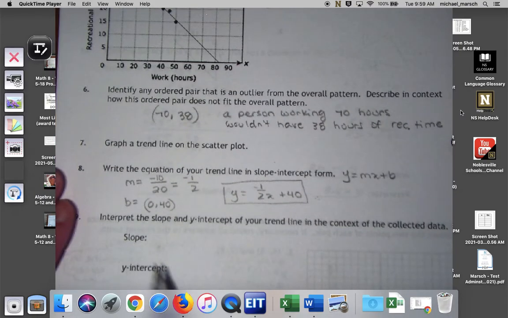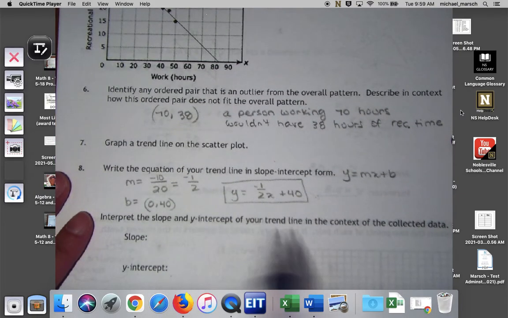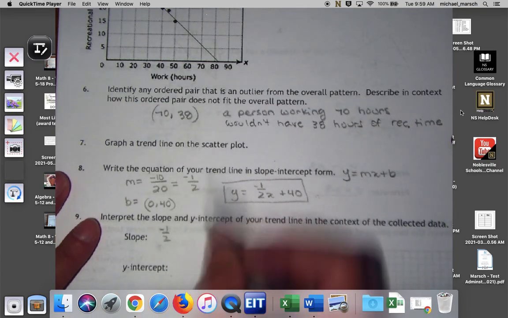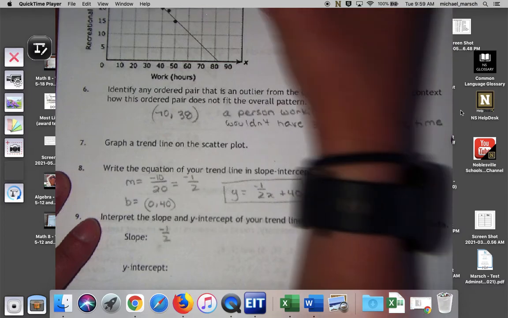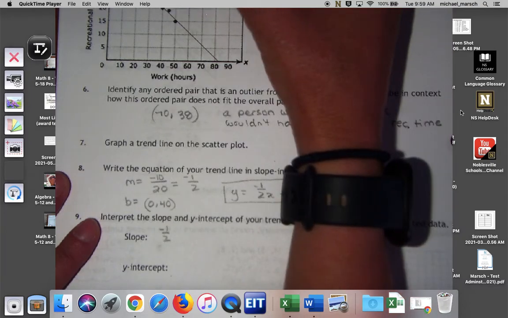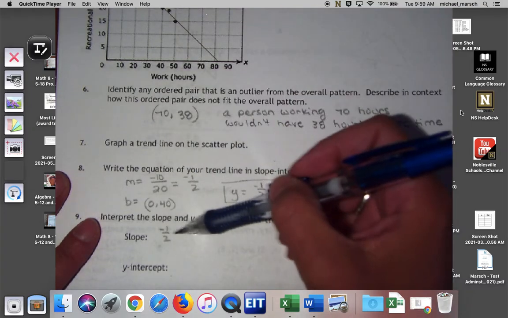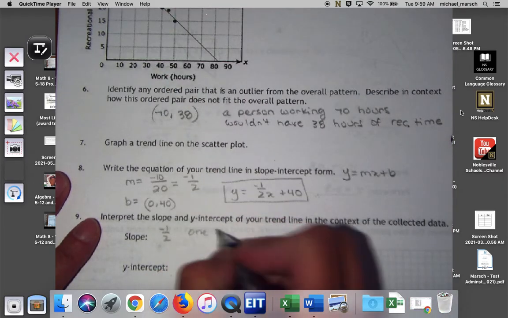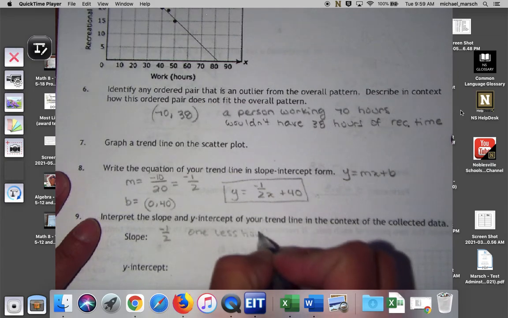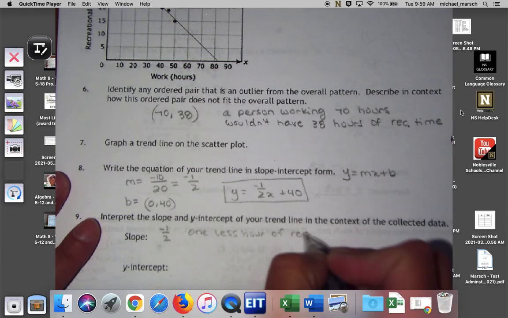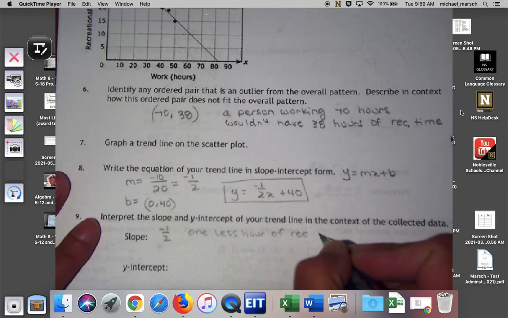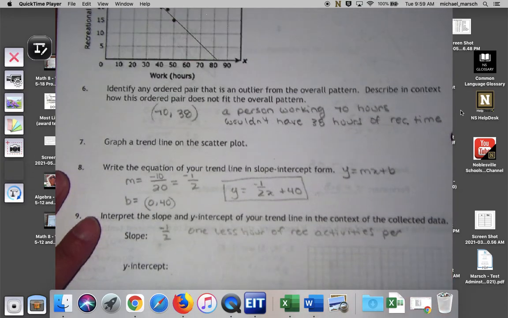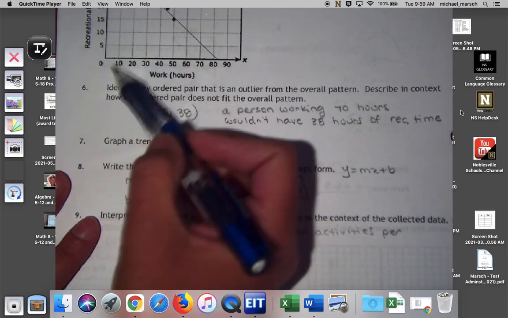Now let's interpret these. Well, what does the slope mean? So my slope is negative 1/2, and the top, negative 1, is my rise value. So 1 less hour of rec activities per, and then the bottom is 2 hours, right?